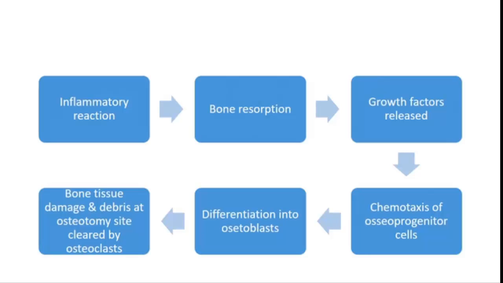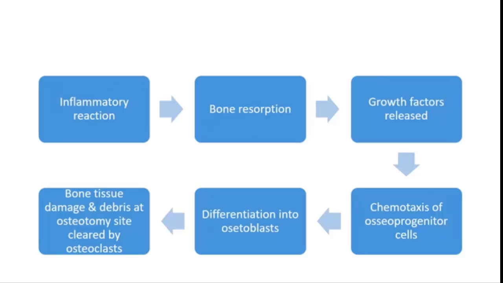So initially, any form of tissue response which we see when the implant comes in contact with the bone is the inflammatory reaction, which is followed by bone resorption, and the growth factors which are surrounding there are released.